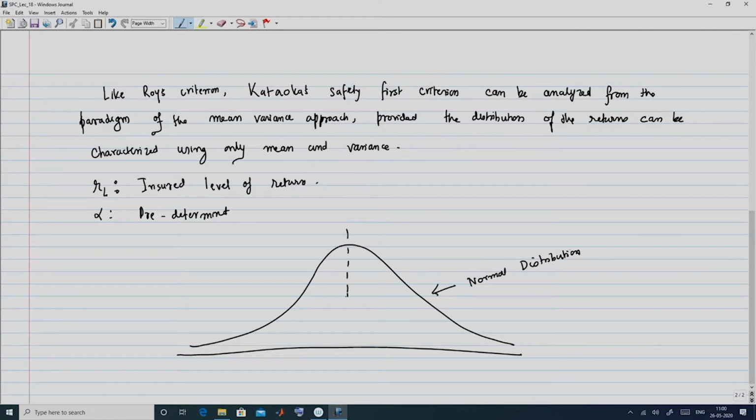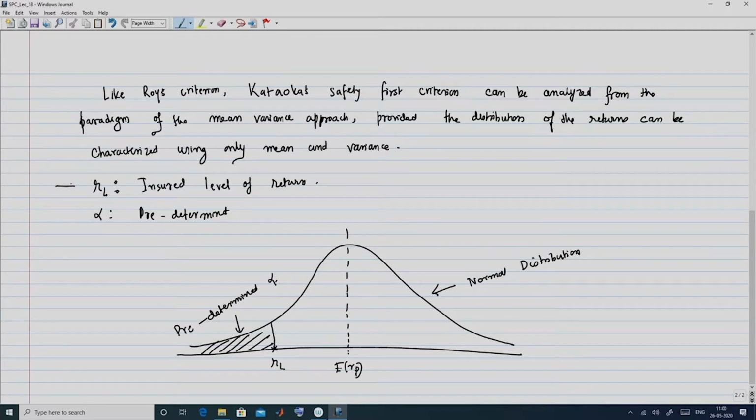So here on the x axis we have Rp, so this is going to be E of Rp, and we have a predetermined alpha, and that is given by this shaded area, and accordingly this value on the x axis is going to be denoted by RL.